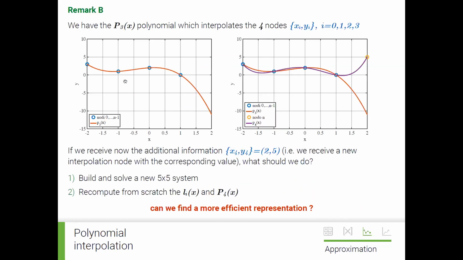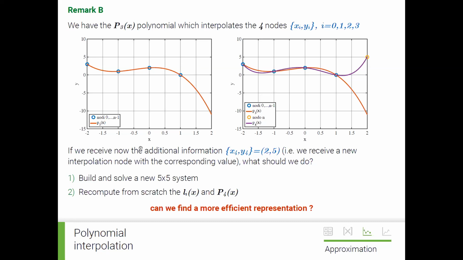So remark B now. We have the P3 polynomial, which interpolates 4 nodes from 0 till 3, yeah? You can see the graphs here.